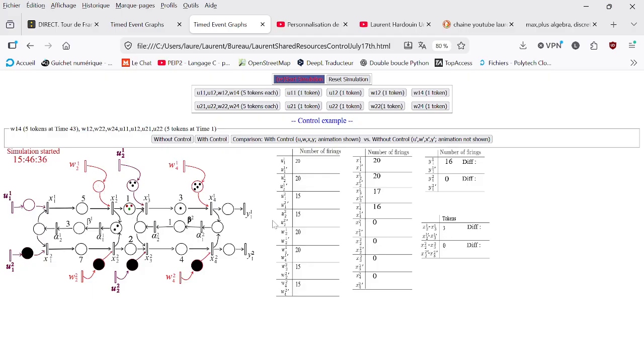Take a look at this place and see this value: 3 tokens, 2 tokens, 1 token, and 0 tokens. There's no token in this place. And now you have a stock here, and we deal with the lower priority system, since there's no solicitation for the highest priority.